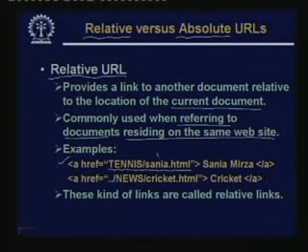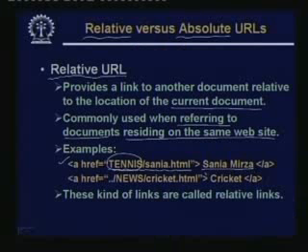I am just specifying that it is under a folder called tennis and the name of the file is sania.html, but I have not specified which web server you have to go to find this document. By default, the browser will go to the same web server from where the page that is currently being shown was fetched. So, this will be the hypertext, the text which will display on the browser, and this will be the link.